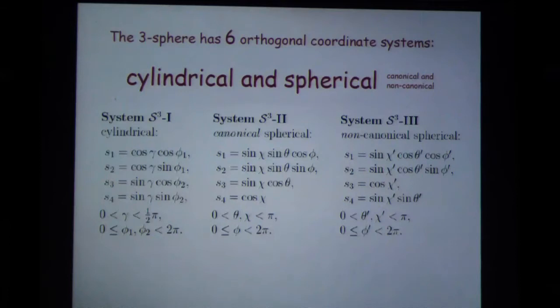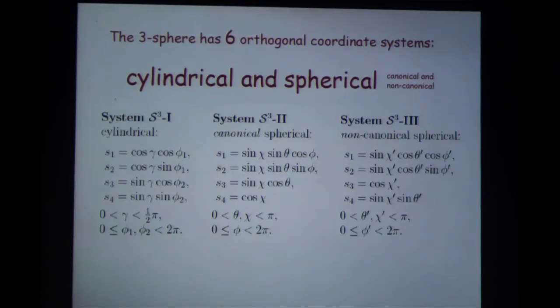So here we have systems 1, 2, and 3. System 1 is the cylindrical one. You see, here you have gamma cosine, here you have gamma sine, here you have cosine phi 1, phi 2. And the canonical spherical one is the one you usually write, namely cosine, cosine, which goes up. And here are the ranges.